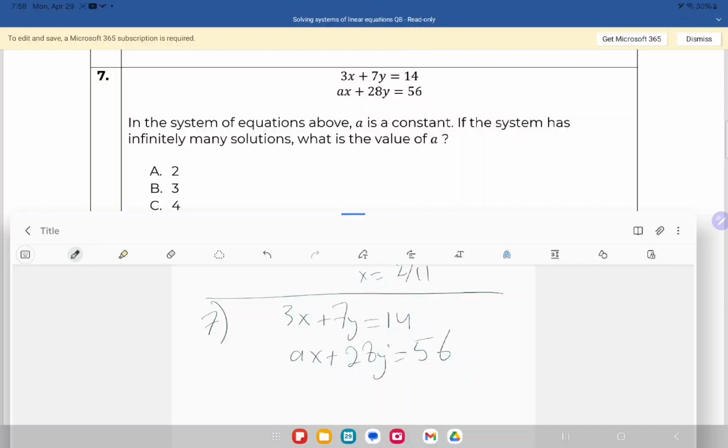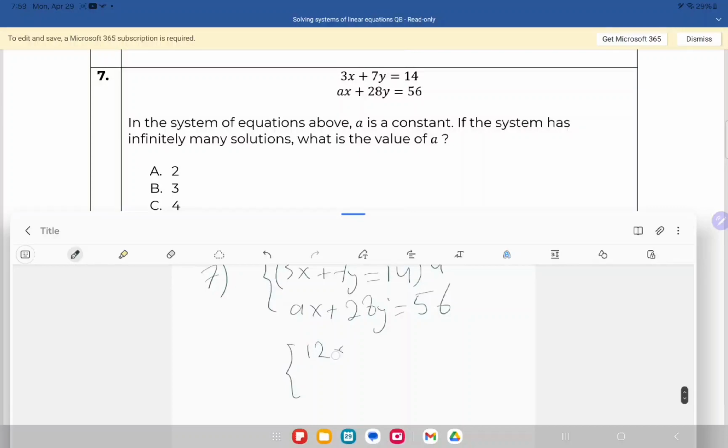So, for the system of equations to have infinitely many solutions, we must re-express the equation so that both equations are identical. So we re-express the first equation by multiplying the equation by 4. So what do I get?